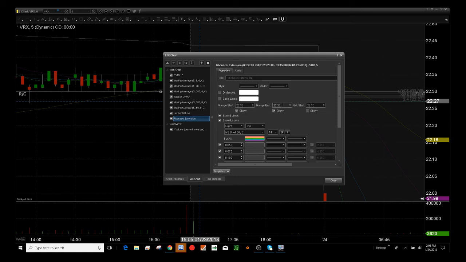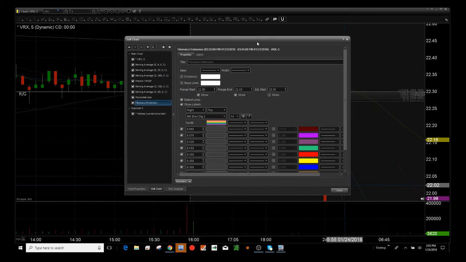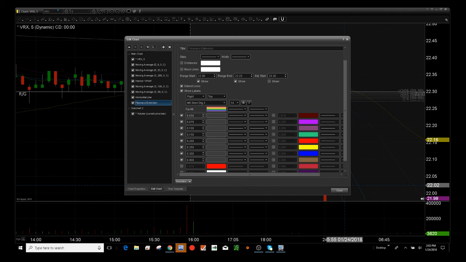This is just basically Fibonacci lines, Fibonacci extension, but I've changed up the parameters a little bit. Instead of their numbers, I just put in my numbers here: 5%, 7.5%, 10%, 15%, 20%.